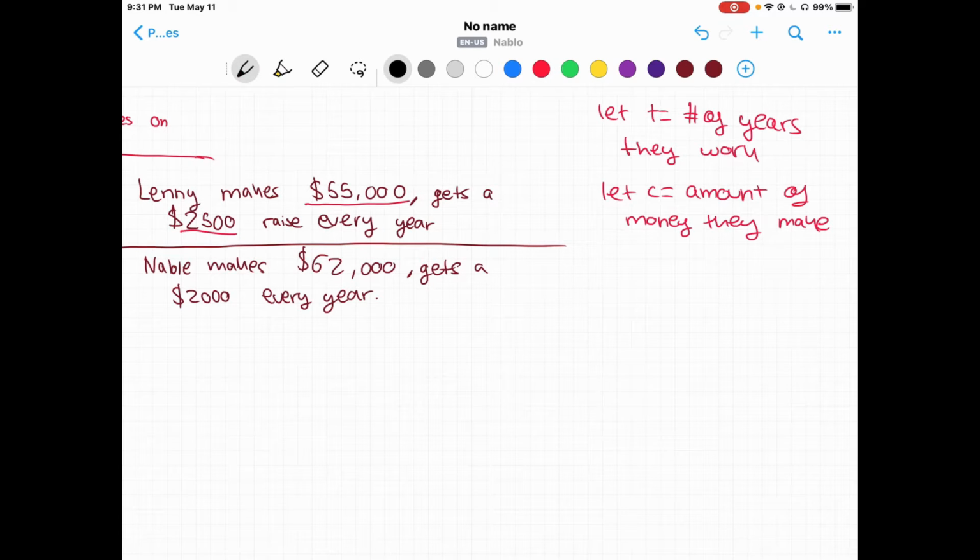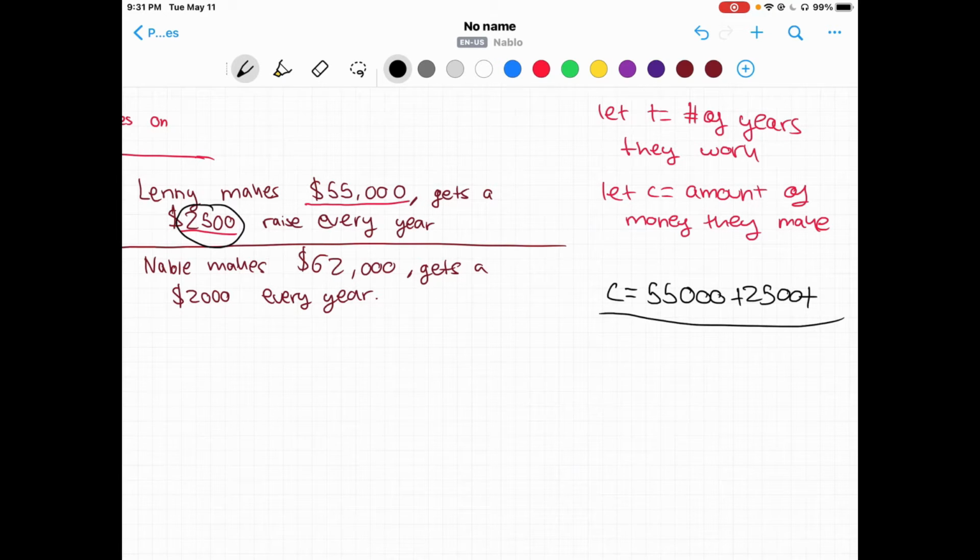So let's come up with an expression for Lenny. So the amount of money Lenny makes, so C, is going to be $55,000. So that's the set amount, plus this $2,500 raise she gets every year she works. So 2,500 T, because it changes after every year she works.